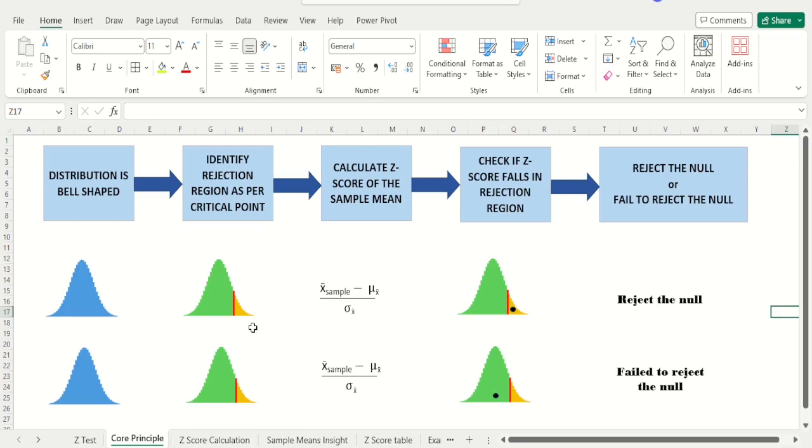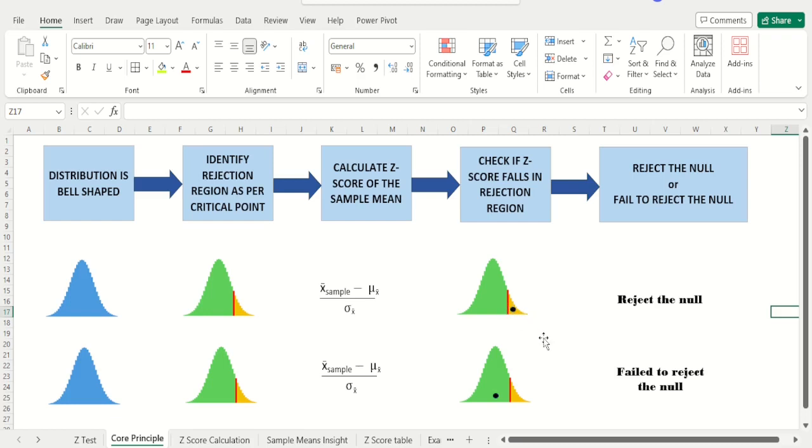So for the sample, it will be nothing but the average of that sample, which is here represented as x bar sample, minus the mean of the samples, divided by the standard deviation of the sample. So this is going to give you a z-score, and here we're going to represent that z-score as a black colored dot, as you see here.